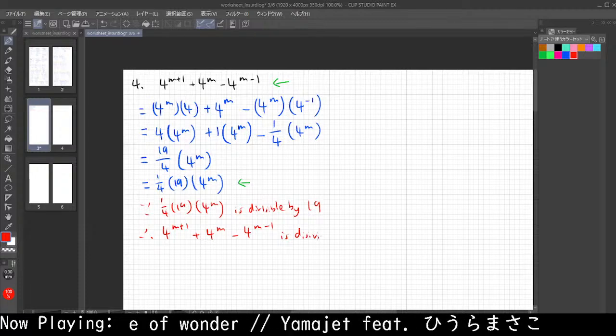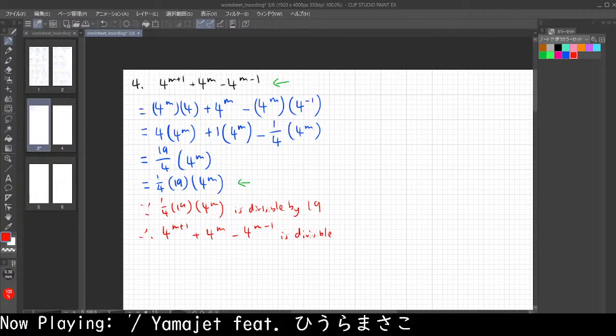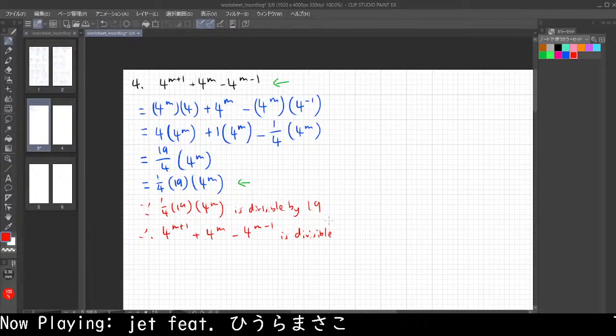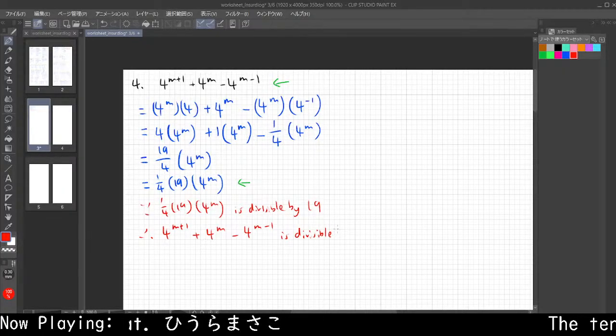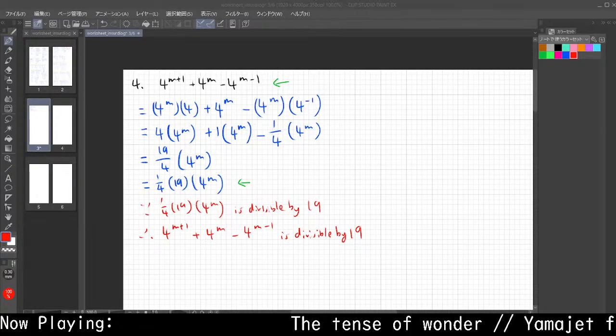Spelling mistake, I mean. Okay, so since this is divisible by 19, therefore your starting expression is also divisible by 19. Okay?